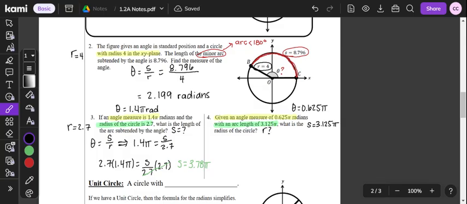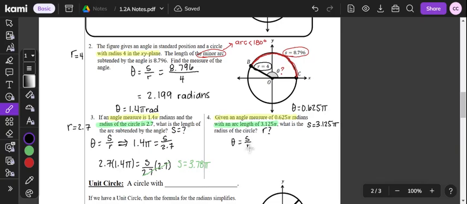All right, so once again, I'm going to start with my formula. Theta is equal to S over R. And this time I'm going to show you a different way you can go about these problems. Instead of plugging in what I know, I can maybe try and rearrange this formula first so that it says R equals, because I'm trying to solve for R. So right now I have R in the denominator of a fraction.